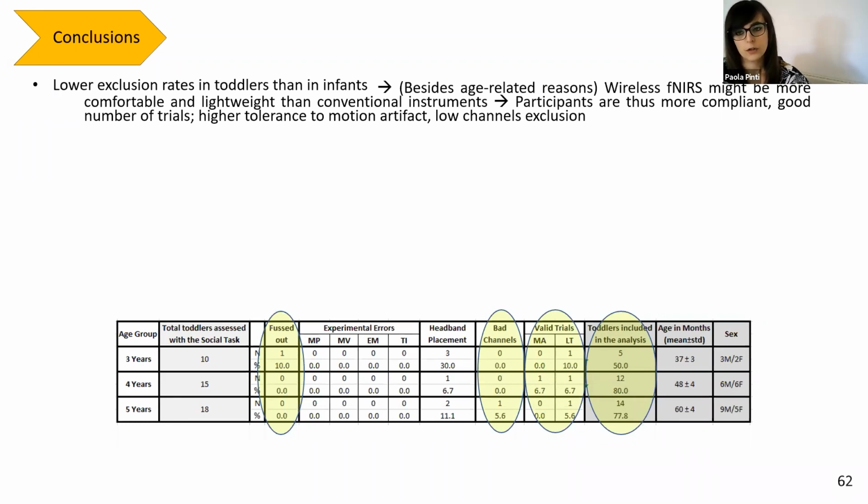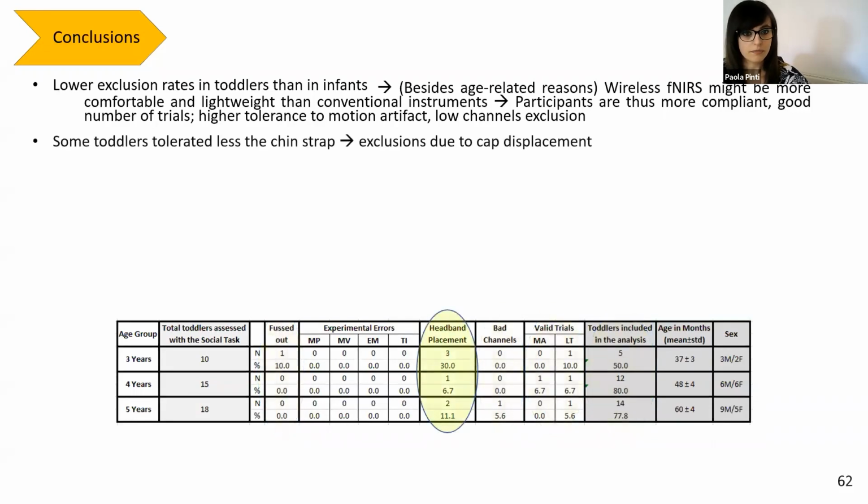So the participants were more compliant. Almost all of our participants completed the whole task without complaining. We had better quality fNIRS data with lower motion artifacts, not having very long and heavy fiber bundles. In this way, we also had lower channel exclusion, so more inclusion based on fNIRS data.